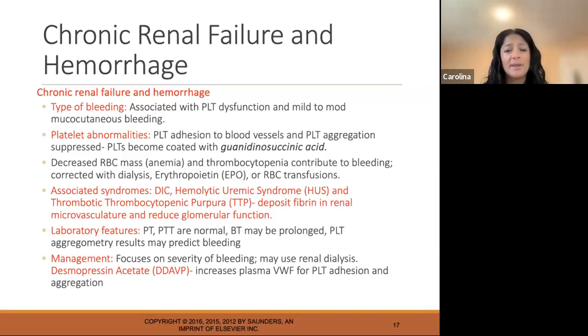You can use renal dialysis to correct that. And you can do the administration of desmopressin acetate, DDAVP. DDAVP increases plasma von Willebrand factor for platelet adhesion and also aggregation. So that may help a little bit to correct the bleeding.